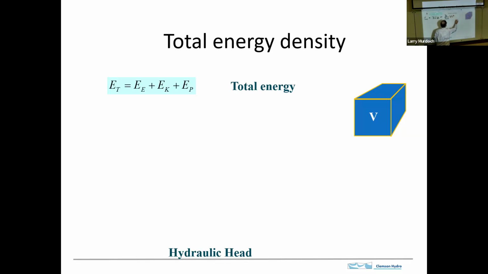Okay. Good. And then the last one was PV, right? So that's the total energy in that cube.